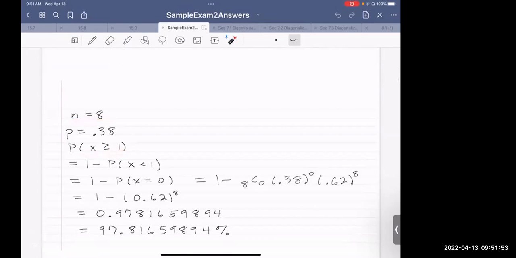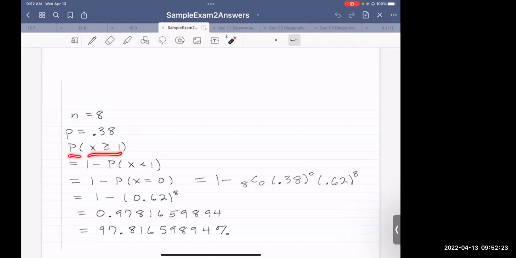I have here a binomial random variable. I have a fixed finite number of independent trials, 8. A success for each trial is that the college graduate from this school finds a job in his field within 1 year of graduating. And we have a fixed probability of success for each trial, 0.38.